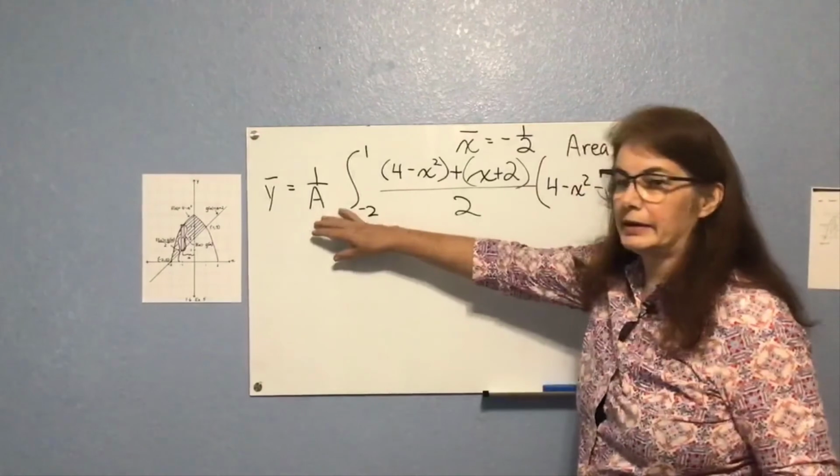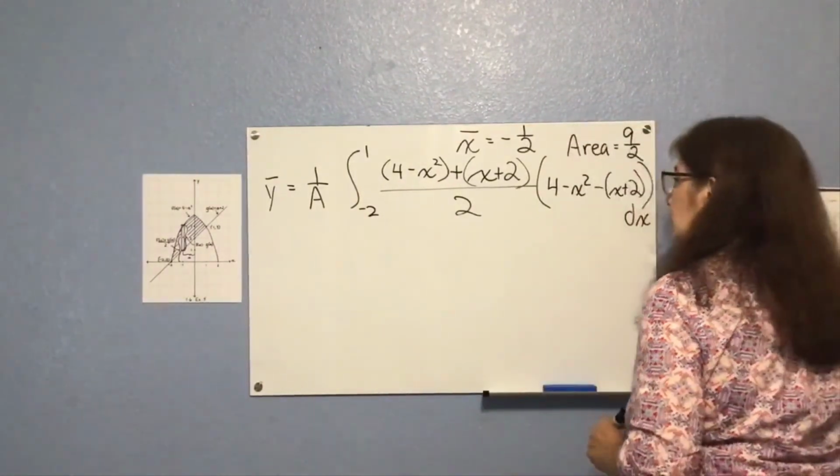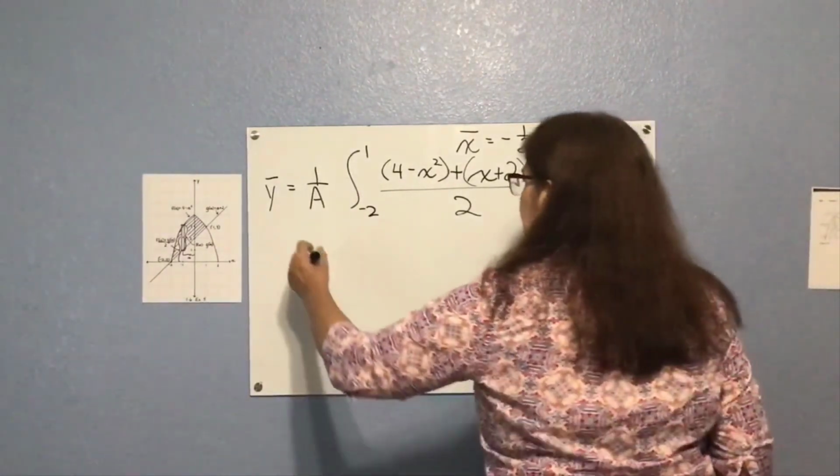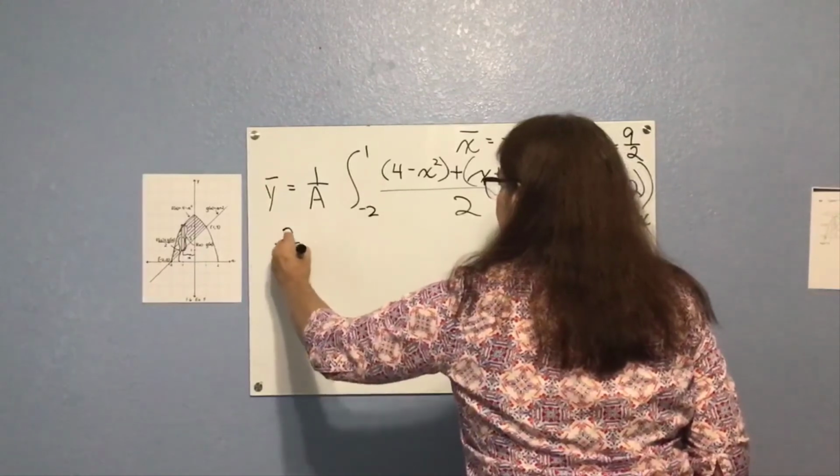Okay, once again, I'm going to substitute in for a, which would be 2/9.